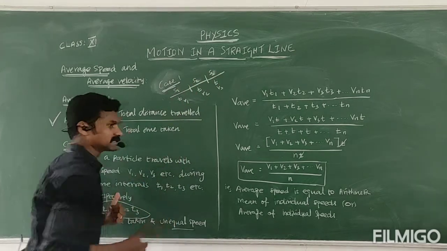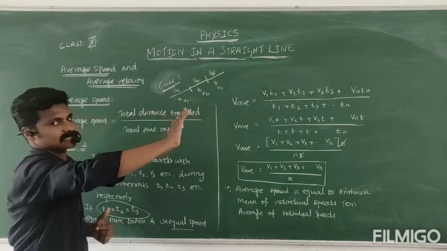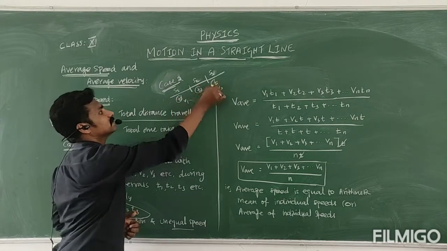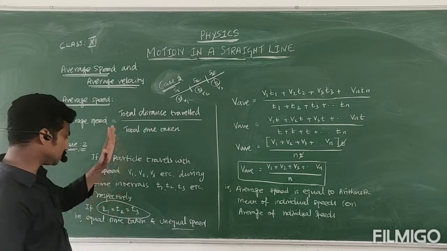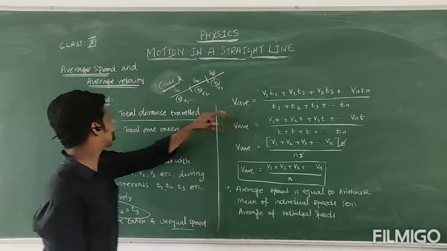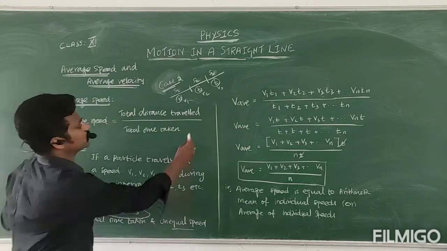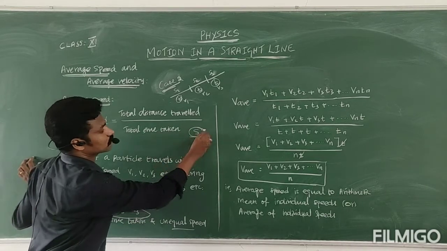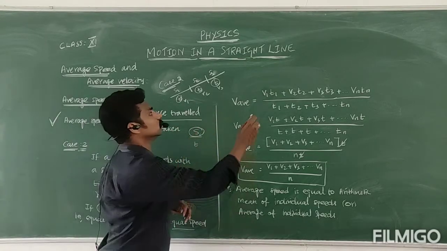So in the previous case 1, the distance is equal, but in case 2 the time taken is equal, along with unequal speed. In this situation, we can write average speed is equal to total distance divided by total time. Distance, usually S, divided by time. S is nothing but S1 plus S2 plus S3 and so on.